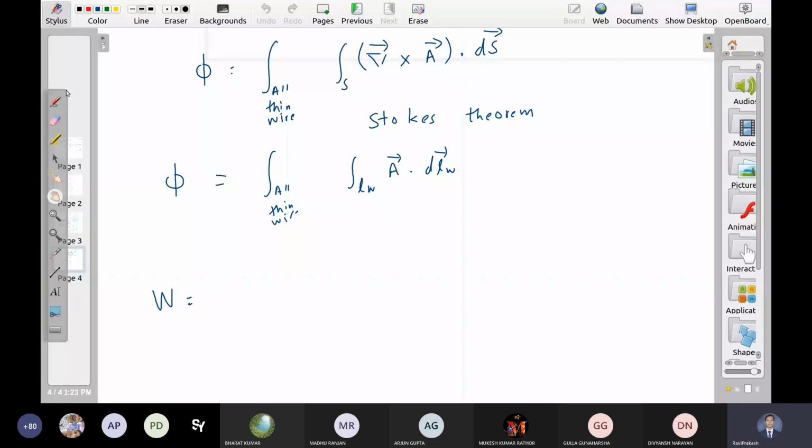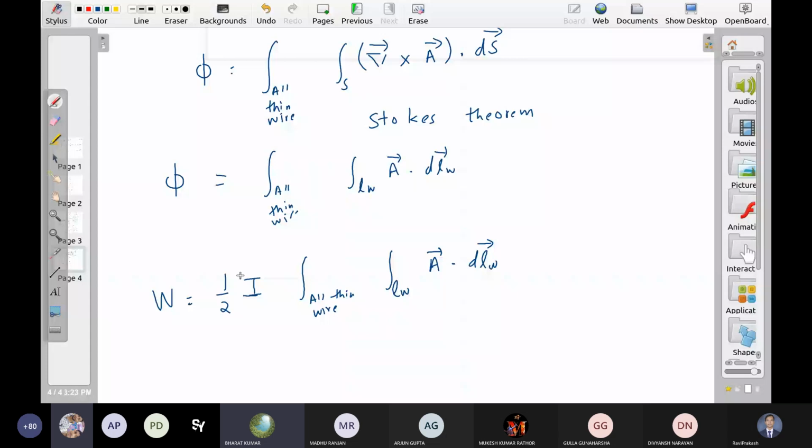So W is equal to half I, integral over all thin wires LW of vector A dot DLW. What is I? Current in that W wire.